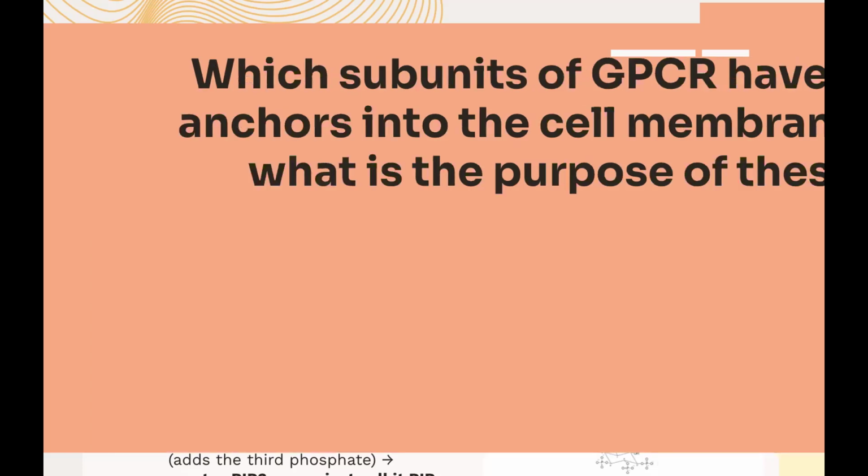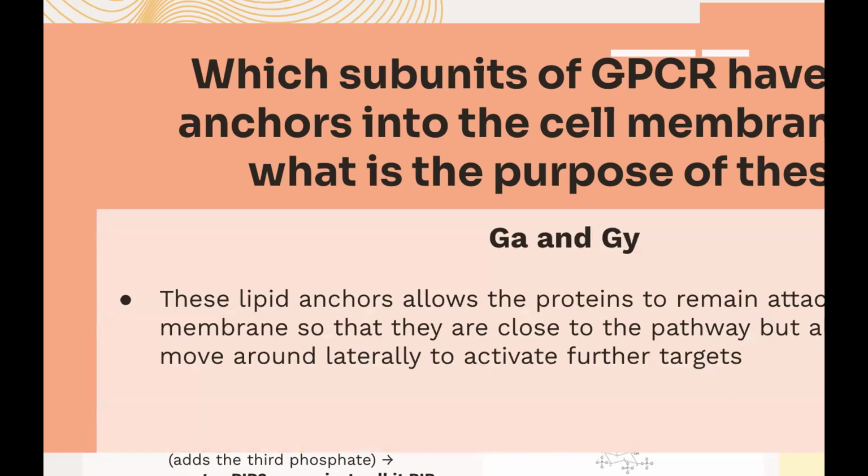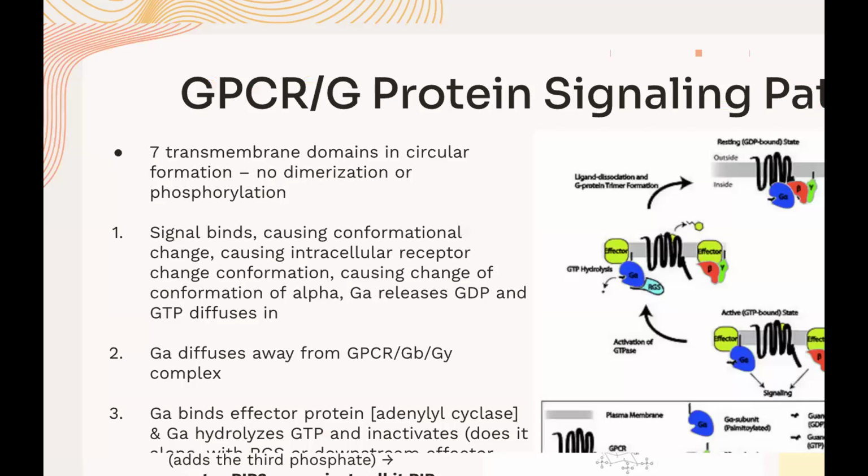Which subunits have lipid anchors, and what's the purpose of those lipid anchors? Alpha and gamma. And then what's the purpose? To anchor them, but why would you want them anchored? Basically, yeah. Right here, remember I talked about the anchors.